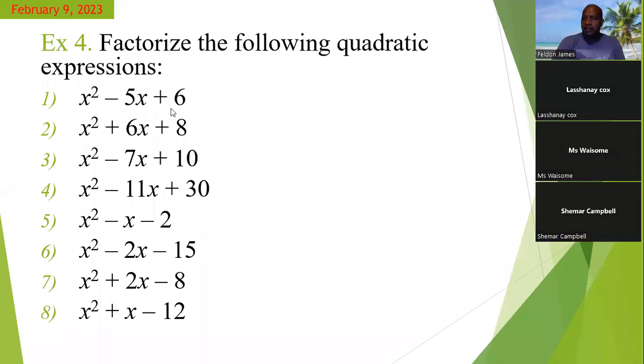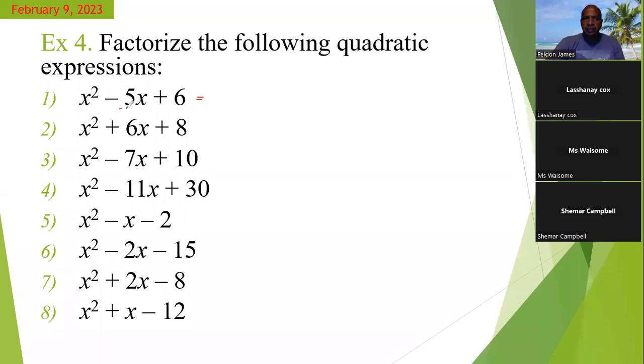All right, guys. I think we can start working these now. Who wants to do the first one? On a volunteer, what are the two factors that we multiply to get 6 and then we get -5? What are they? -3 and -2, sir.